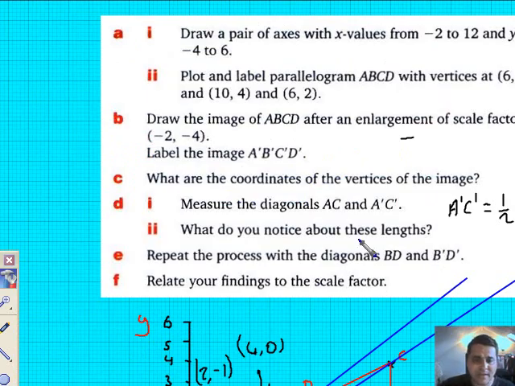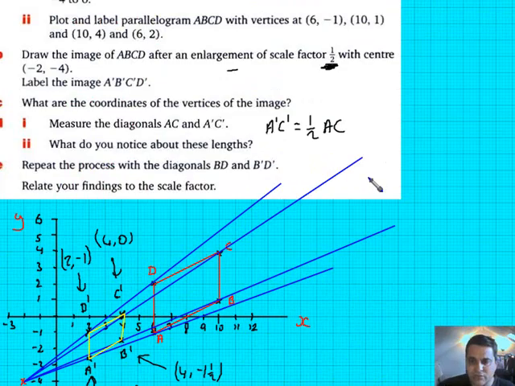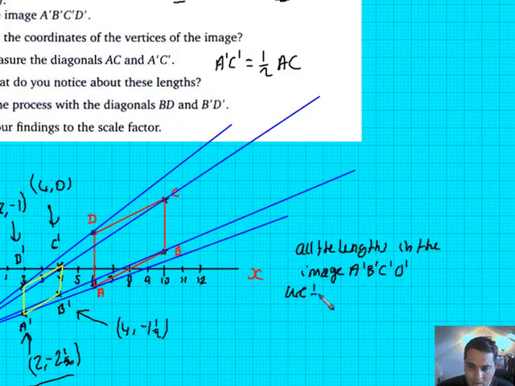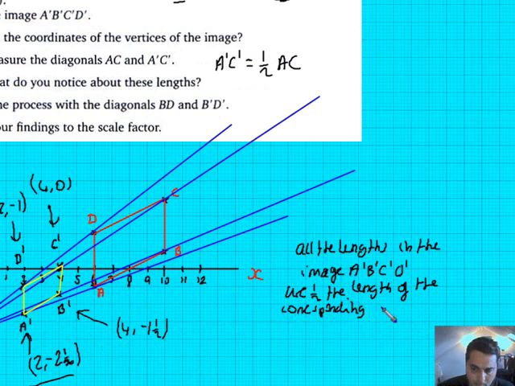What do you notice about the lengths? Let's just write it here. All the lengths in the image A dash, B dash, C dash, that's meant to be a D dash, are half the length of the corresponding object.